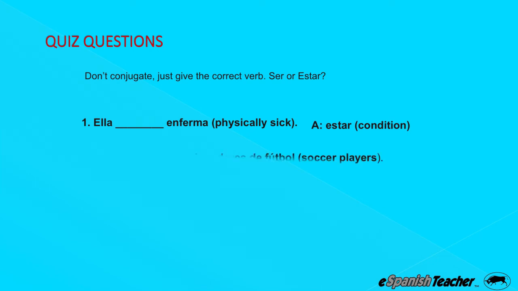Here is the next question. Nosotros blank jugadores de fútbol. Jugadores de fútbol means soccer players. So this is saying we blank soccer players. Are you going to use ser or estar? I'm going to talk you through this one as well.